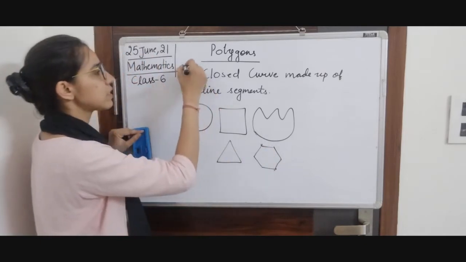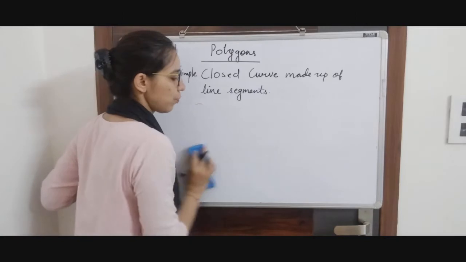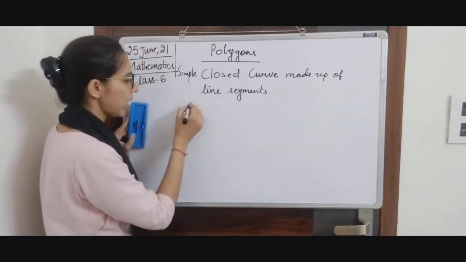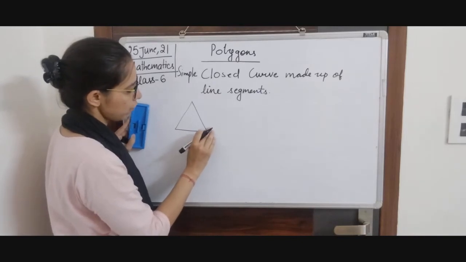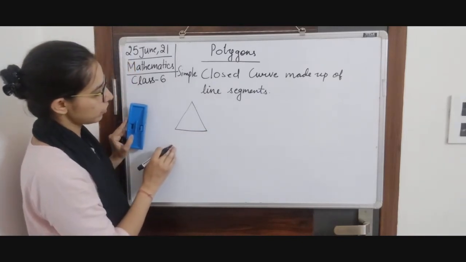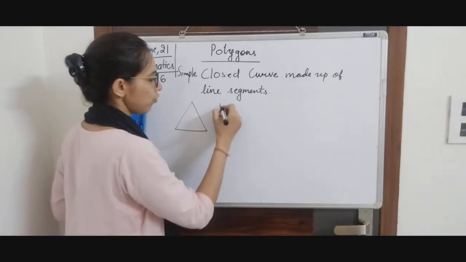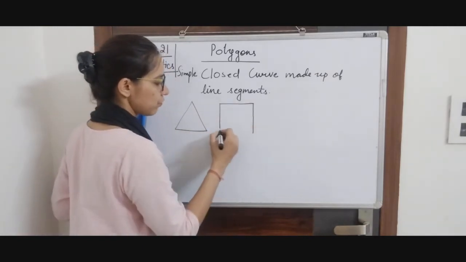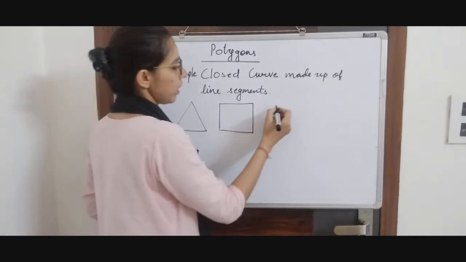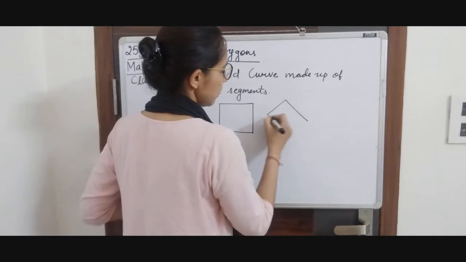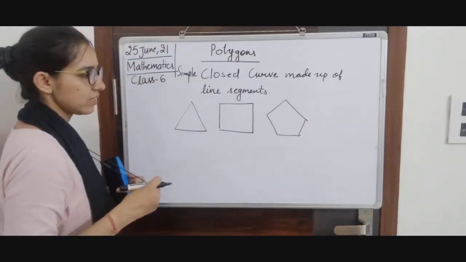Now we know what a simple closed curve made up of line segments is. So our polygons are going to look like this. If we want to make a figure with 3 line segments, it will be like this, a simple closed curve. With 4 line segments, it will be like this. With 5 line segments, it is going to be like this.